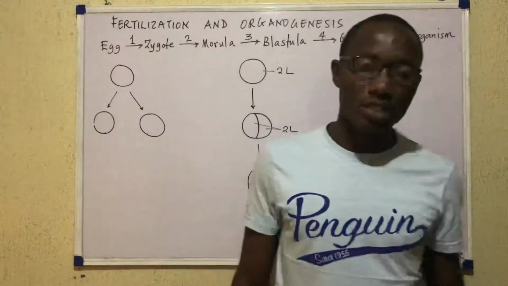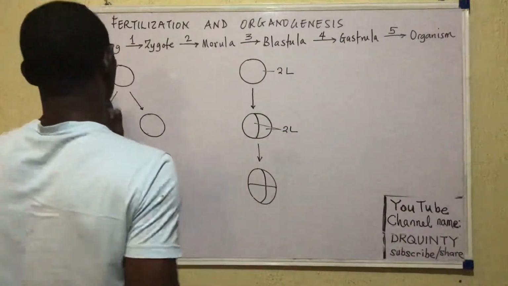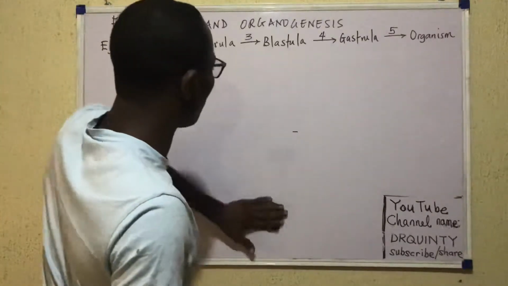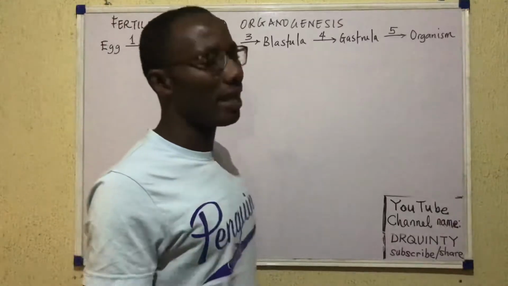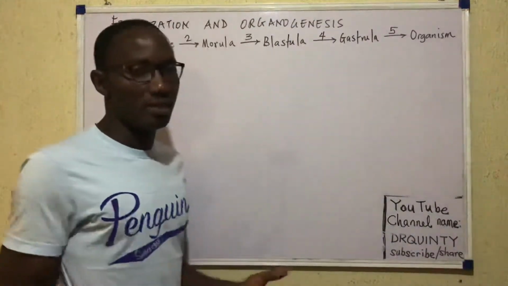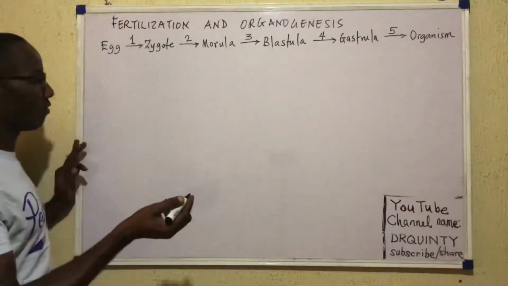Now, having mentioned the difference between cleavage and mitosis, I'll tell us about types of cleavage. But before telling you about types of cleavage, I should tell you about types of eggs. Because if you know about the types of eggs that we have, it is easier to appreciate the types of cleavage. So see types of eggs.